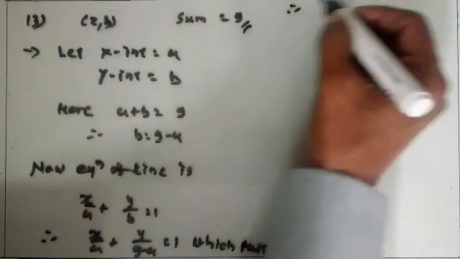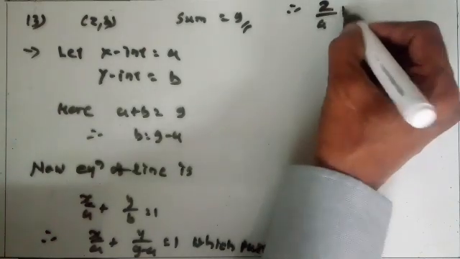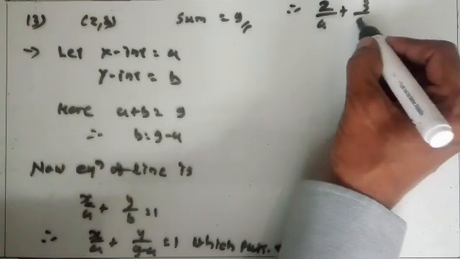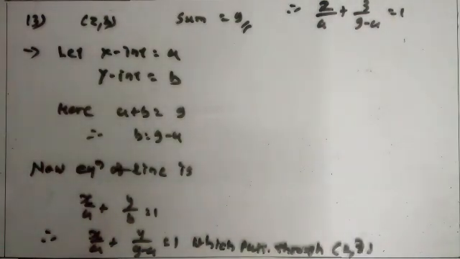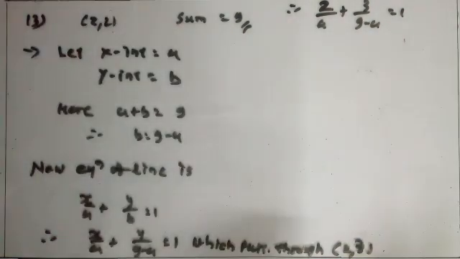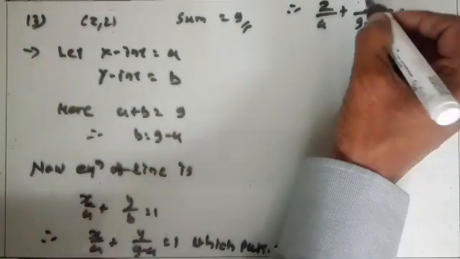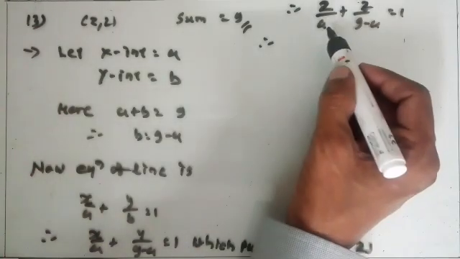We get 2 upon A plus 3 upon 9 minus A is equal to 1. Here it passes through (2, 2) given, not (2, 3), so y is equal to 2. Now, simplify this.